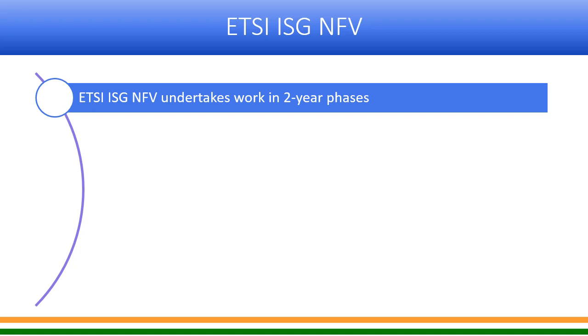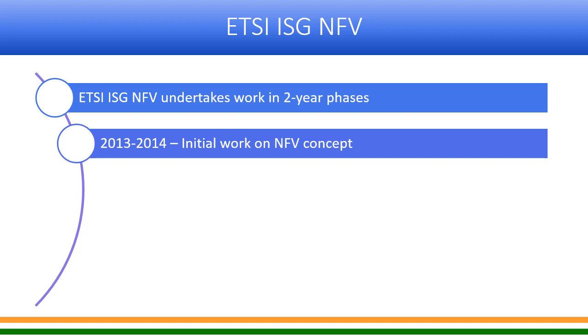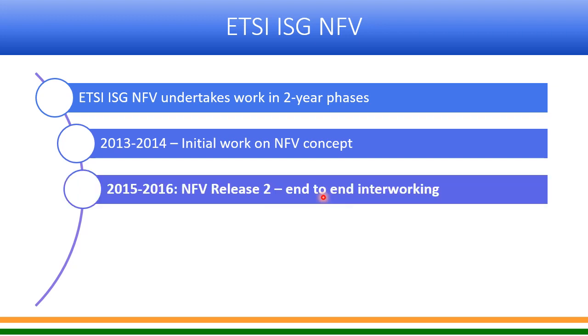Every 2 years, ETSI ISG NFV comes out with a release on NFV. As we know, it was formed in 2012. From November 2012 to 2013 and 14, it was initial work on the NFV concept, and they also tried to build acceptability of the NFV concept among various operators, OEMs, etc. The next 2 years was release 2.